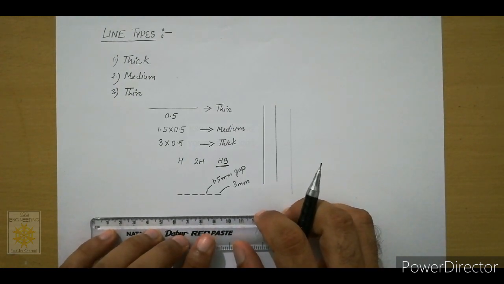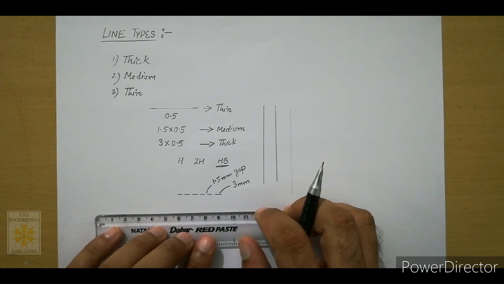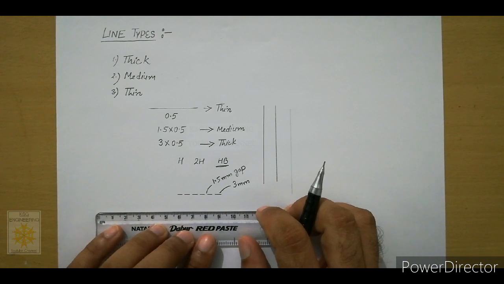Now we will talk about the next line, that is the center line. The center line is a chain thin line, and we have discussed that for that line the length of the long dash is 6 millimeters, the length of the short dash is 1 millimeter, and the gap between the long dash and short dash should be 1 millimeter.